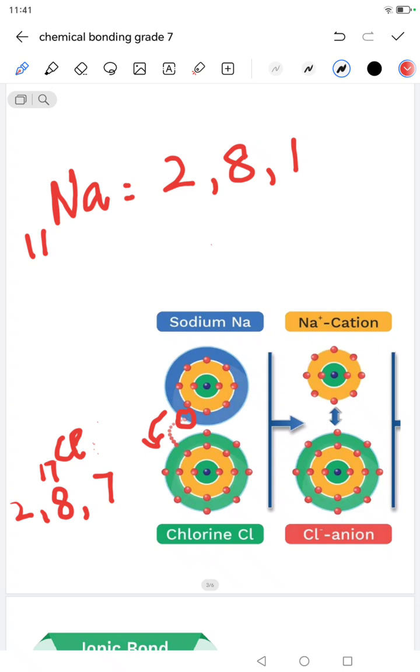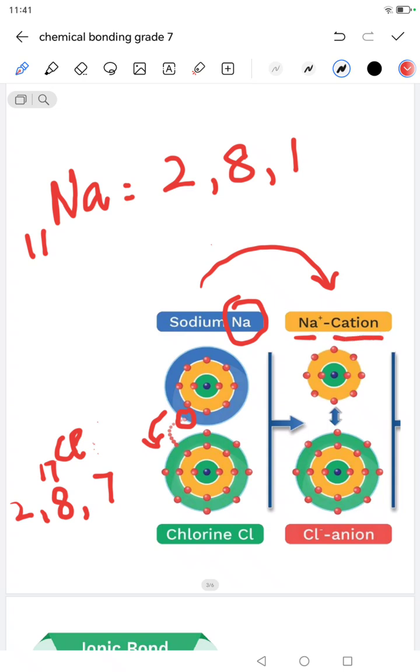Sodium atom changes to sodium ion by giving 1 electron. So it has donated 1 electron and it has formed the cation.